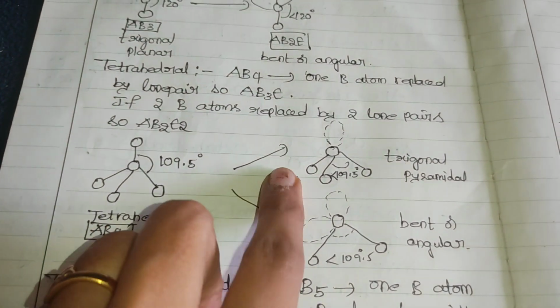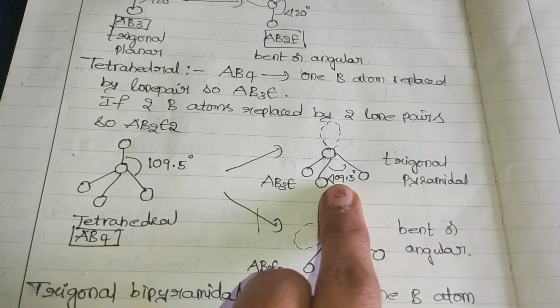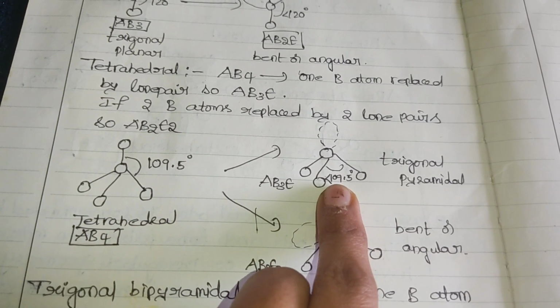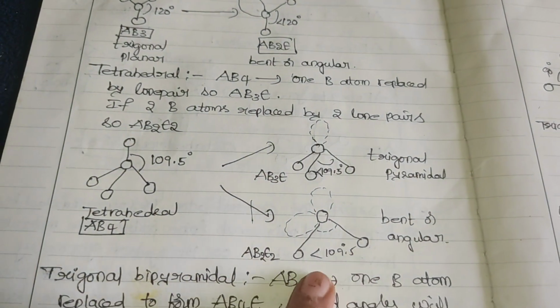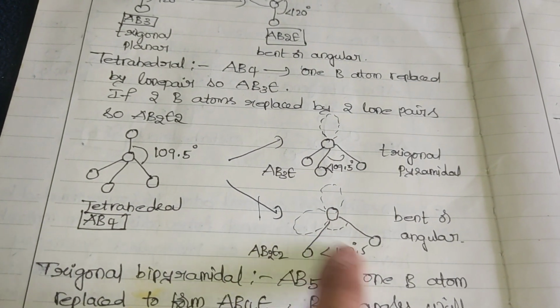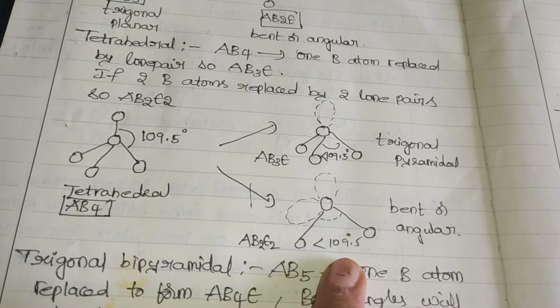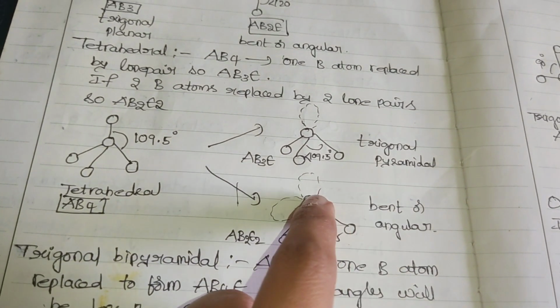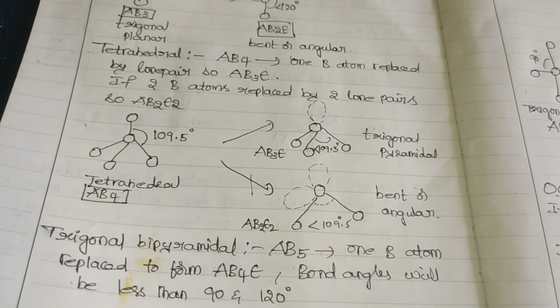If one B is replaced by a lone pair, the bond angle decreases to less than 109.5 degrees and the shape changes to trigonal pyramidal. If two B atoms are replaced, the bond angle decreases again and the shape will be bent or angular.